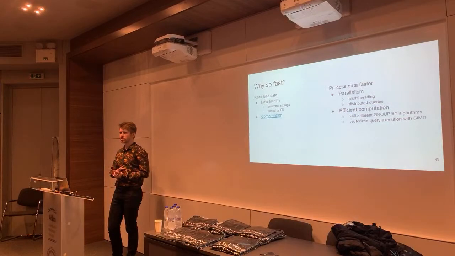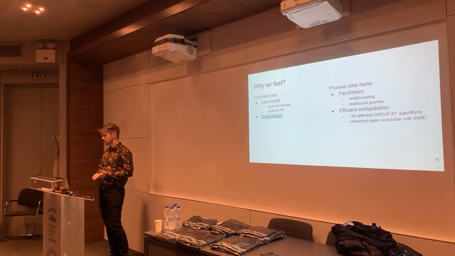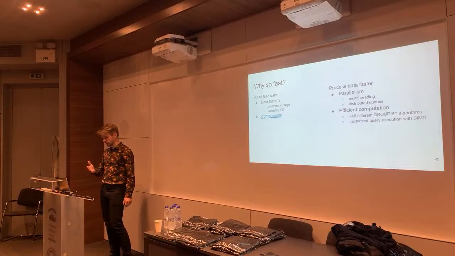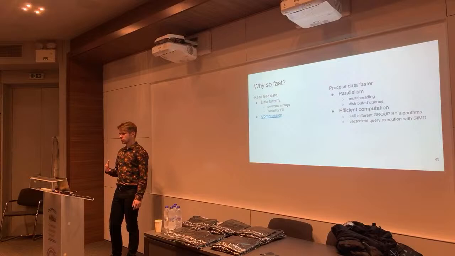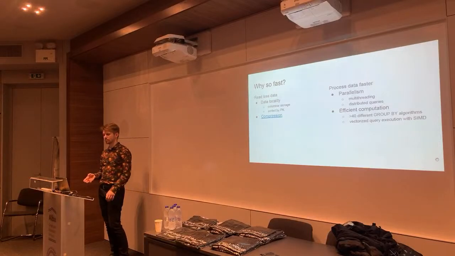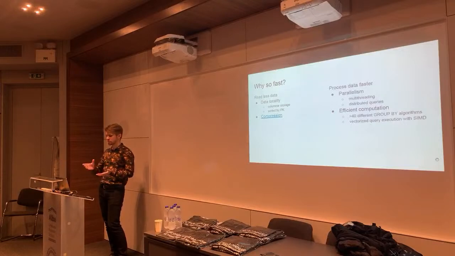So what allows it to be fast? This is a result of careful architectural decisions. Basically, there are two ways to be faster. You have to read less data and process data faster. To read less, ClickHouse stores the data in primary key order, so your data is ordered on disk, and then you have a sparse skip index that allows you to skip chunks of data based on the primary key values.